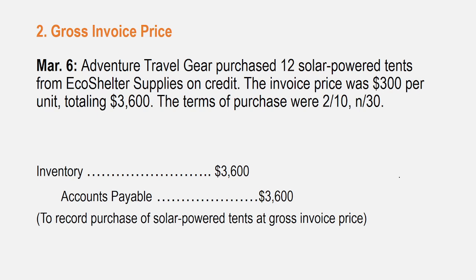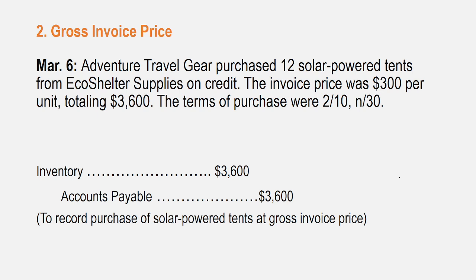Let's look together at the second method of transactions, the gross invoice method. Look at March 6. In this transaction, Adventure Travel Gear purchased solar power tents from EcoShelter Supplies at the gross invoice price method, which includes the full amount stated on the invoice without any deductions.